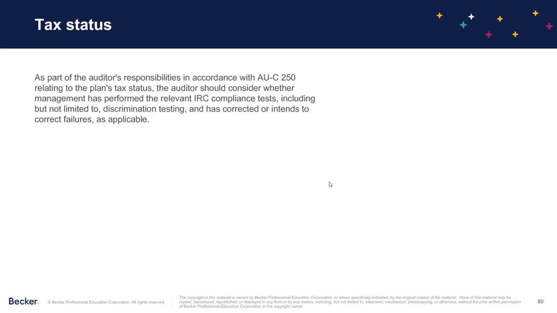So when we think about AUC 250, it looks at our requirements regarding laws and regulations. And so tax status is part of those laws and regulations. And one of the key elements here is that you have to comply with the Internal Revenue Code. And one of the key elements there is discrimination testing. So have they performed appropriate testing?